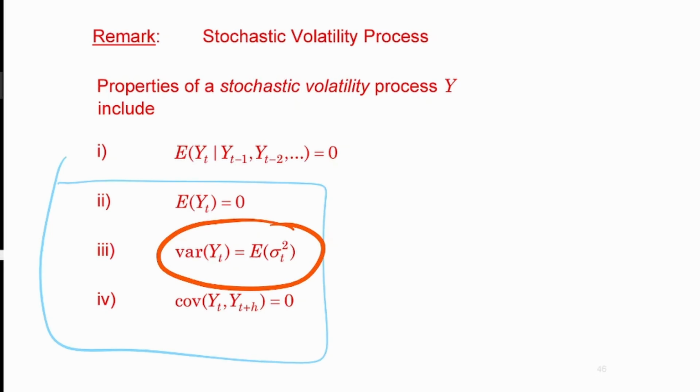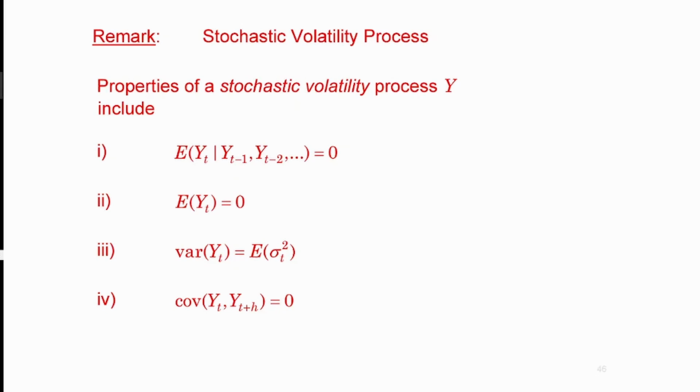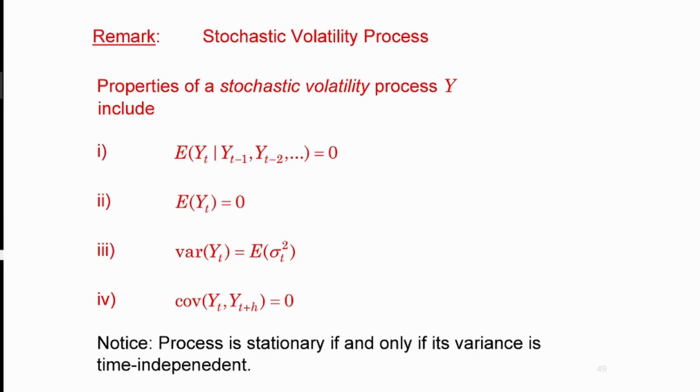And if it's stationary, then its variance is time independent by definition. So the process is stationary if and only if the variance of the process is time independent. It's completely enough to focus on variances when it comes to ARCH and GARCH processes, for example when you try to establish stationarity conditions. These are the things that are going to be involved, and I'm going to look at that a little bit closely.